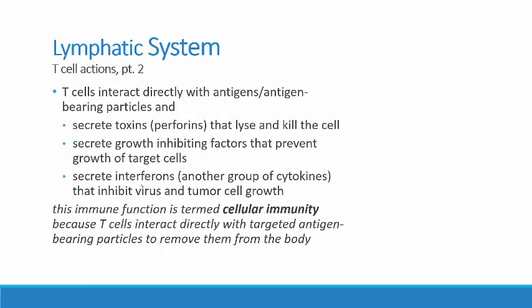So T cells can produce cytokines in response to encountering an antigen that they're activated to, and they can also directly interact with these antigens or the antigen-bearing particle and secrete toxins like perforins that will poke holes, essentially, in the cell membrane of the antigen-bearing particle, rendering it susceptible to osmotic stress, which helps to kill the cell.